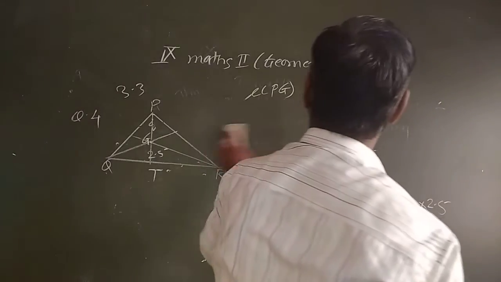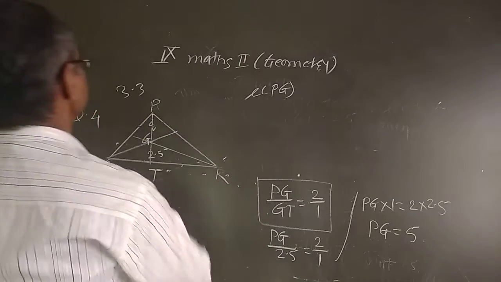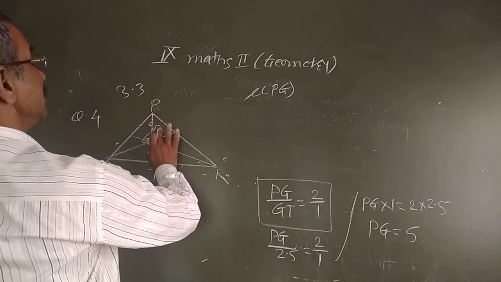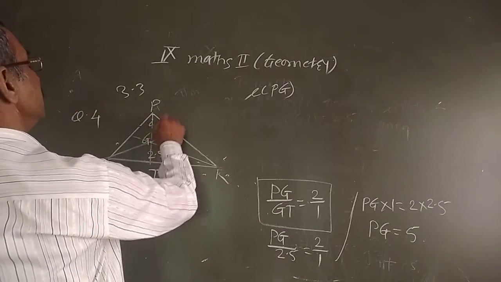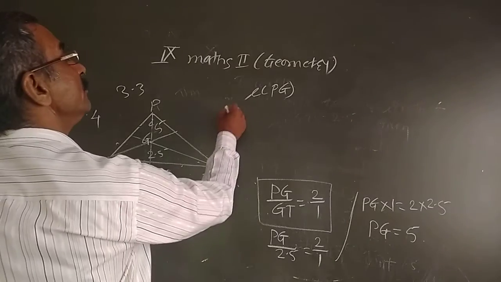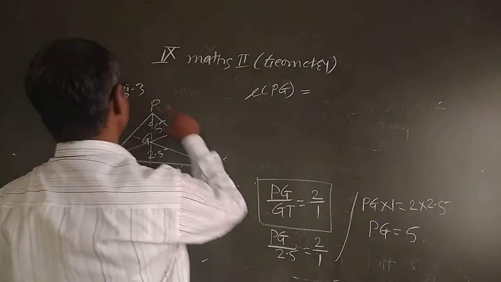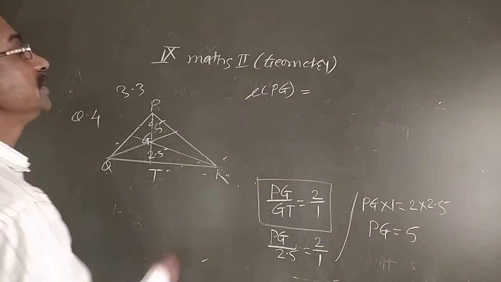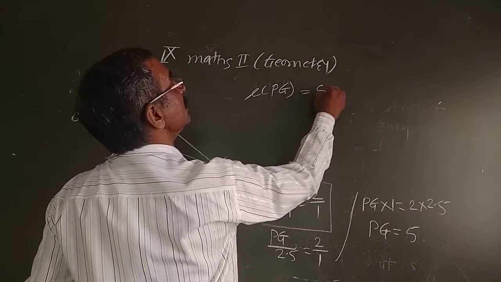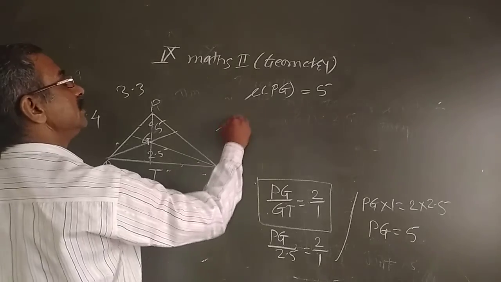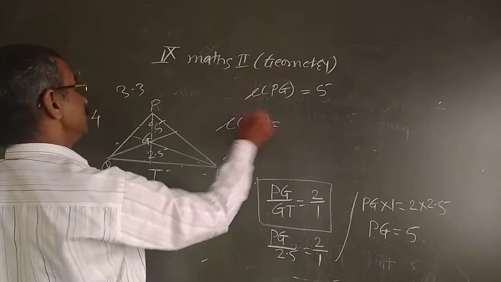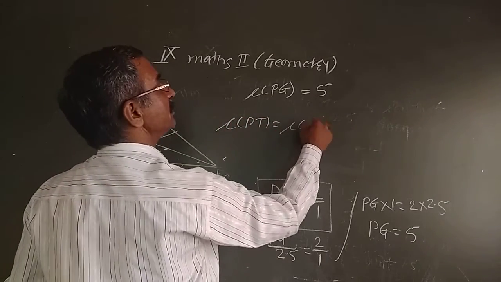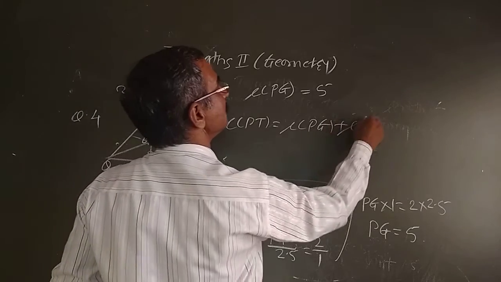So the length of PG we get is 5. Then the total length of PT is the sum of the length of PG plus the length of GT.